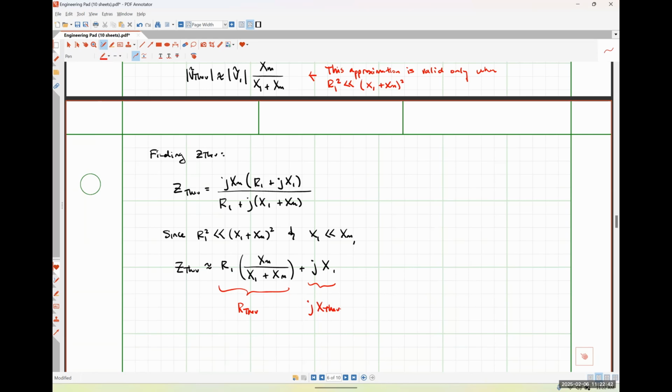And again, only valid for the assumptions defined above.